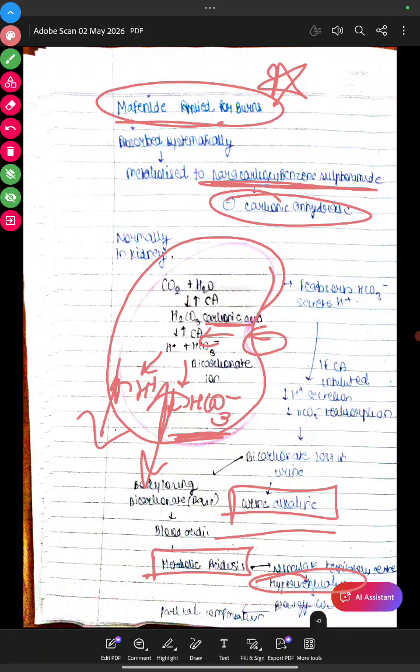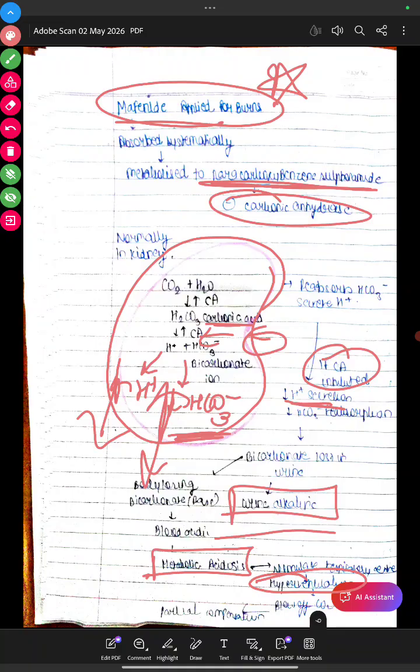Because of that, H plus secretion is decreased and bicarbonate reabsorption is also decreased. Bicarbonate will be lost in urine as it is not reabsorbed back, so urine will become alkaline.